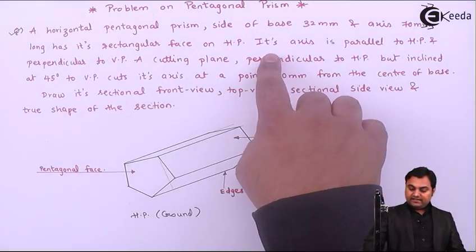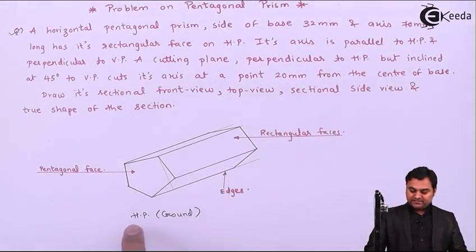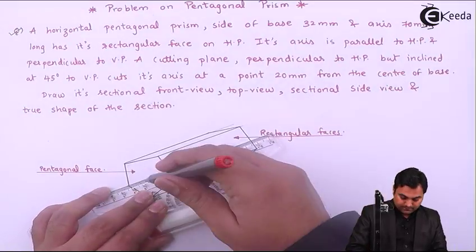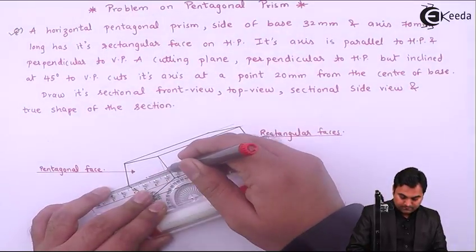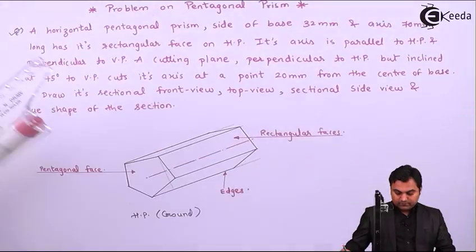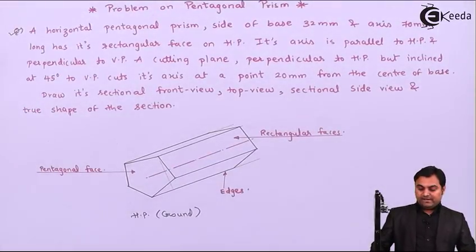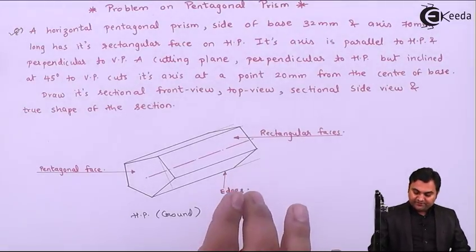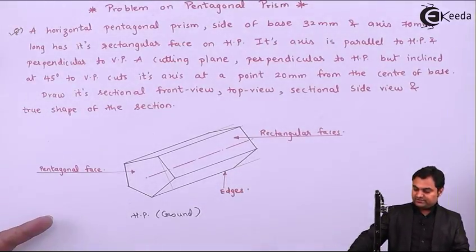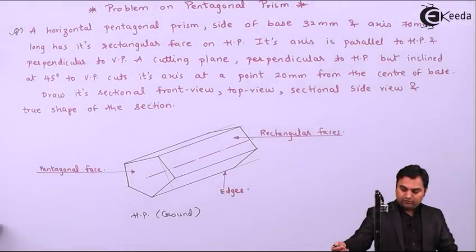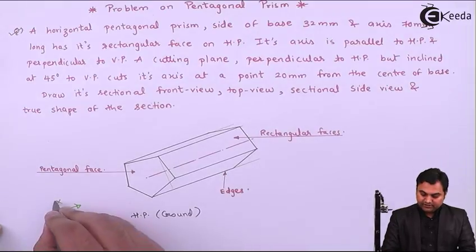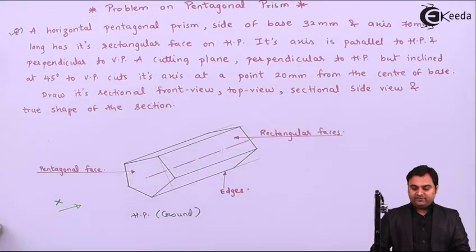So in that case the axis is parallel to HP, that is, the axis will be parallel to the ground and perpendicular to VP. It means when the pentagonal prism is kept in this way and we are looking at this direction, that is the direction of arrow X, from here we are going to see the front view, and in the front view we are going to see this pentagonal face.